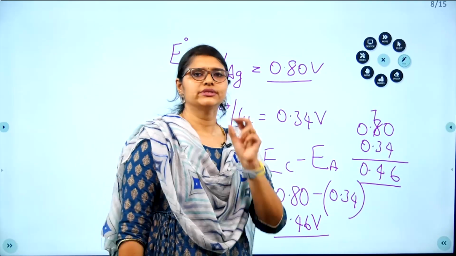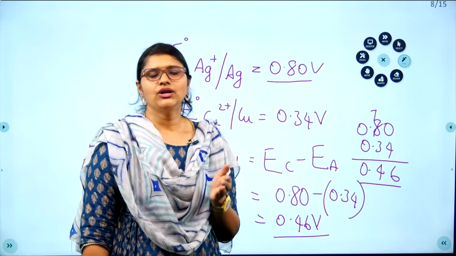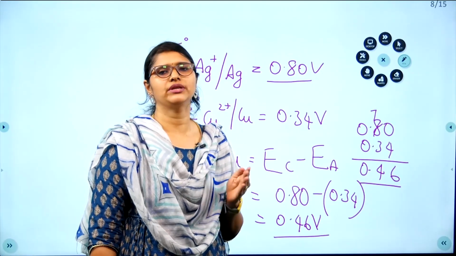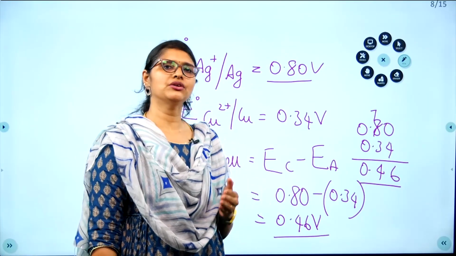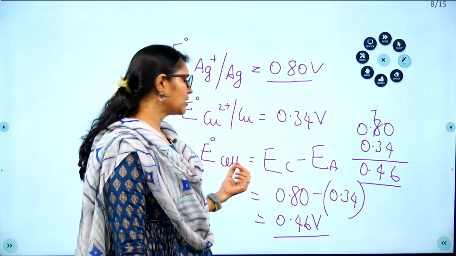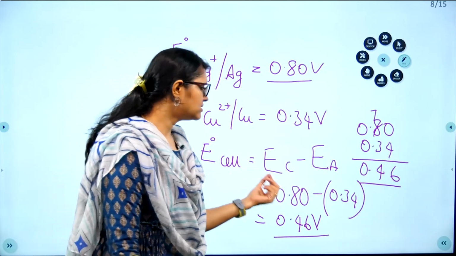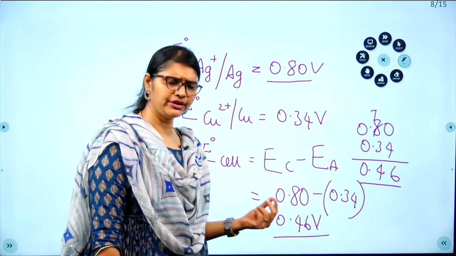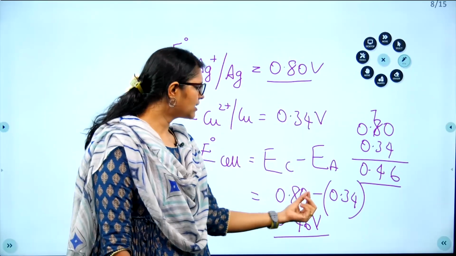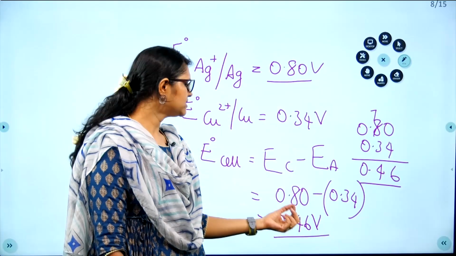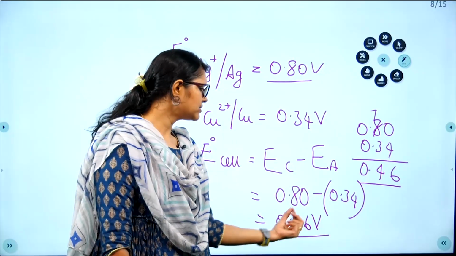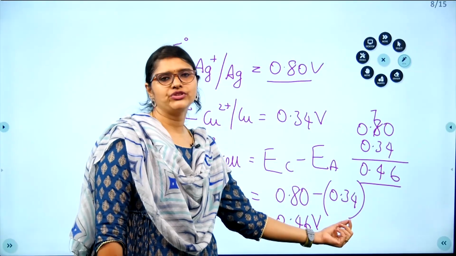Okay. Once again I will repeat here. E naught of Ag plus slash Ag is 0.80 volts and E naught of Cu2 plus slash Cu is 0.34 volts. Now we know that E naught cell is equal to Ec minus Ea, and here which is acting as the cathode? Silver. Which is acting as anode? Copper. So it is always Ec minus Ea, that is silver minus copper. So silver is 0.80 minus 0.34 for copper.